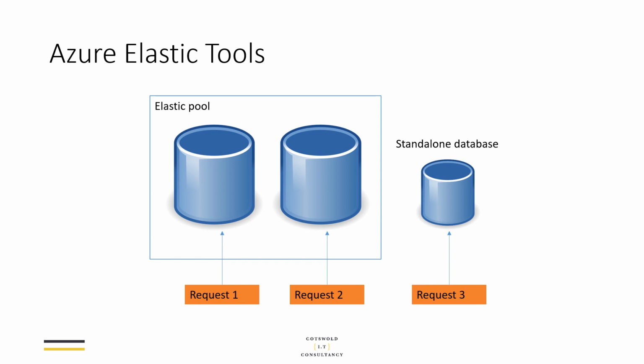Now, this is an example of what this might look like. In this case, I've used an example of one Elastic pool that has two databases in it, and then a standalone database which could potentially be a different size, a different performance tier. And that's perfectly acceptable, because the Elastic tools that come from Azure are not actually a built-in piece of functionality for Azure at all.